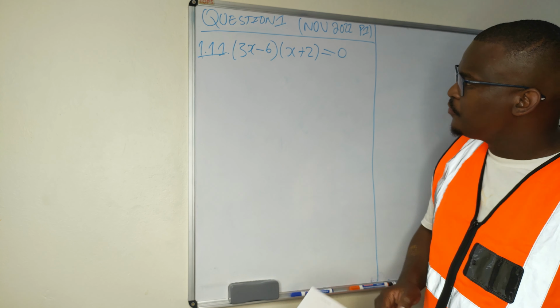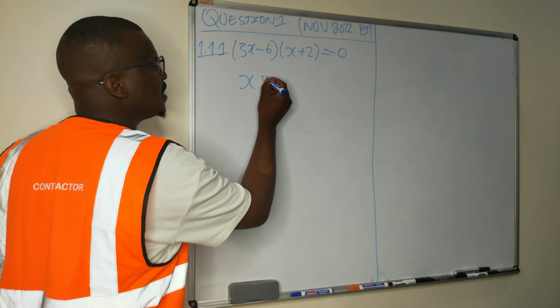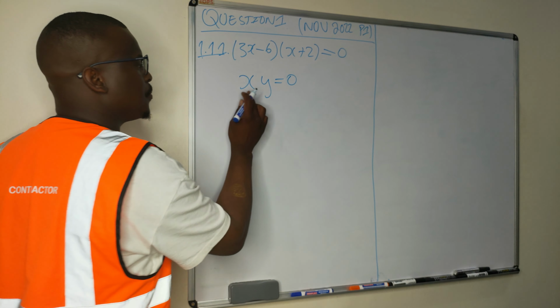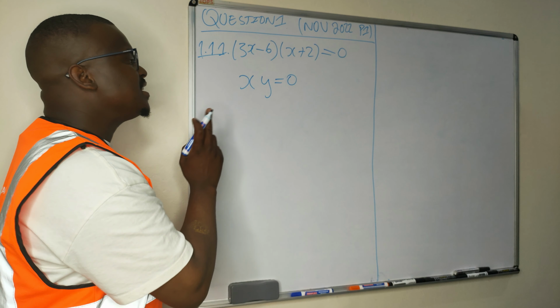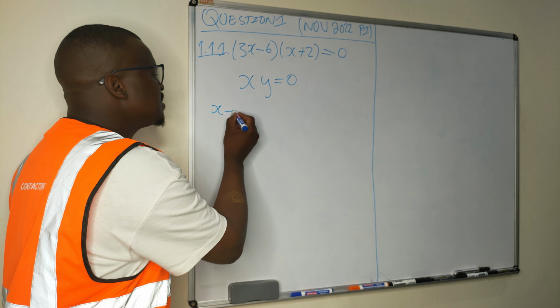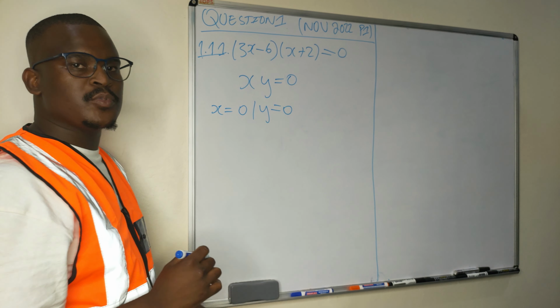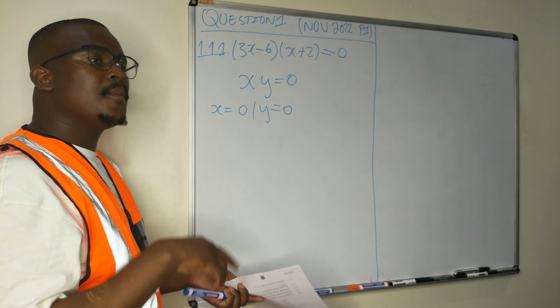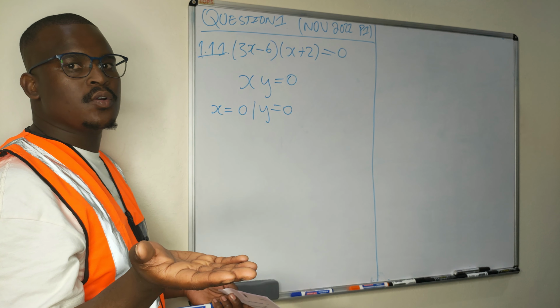Let's look at this. If you have x and y, and the product of x and y equals 0, you can say x is equal to 0 or y is equal to 0. At least one of them should be 0. If you're multiplying two things and your answer is 0, at least one of them is 0.